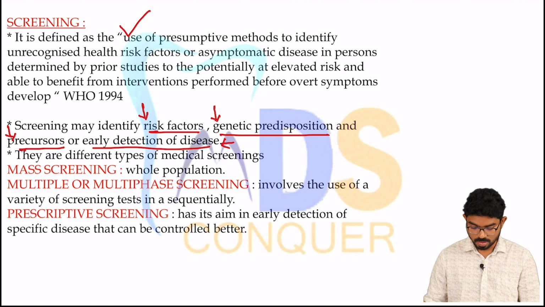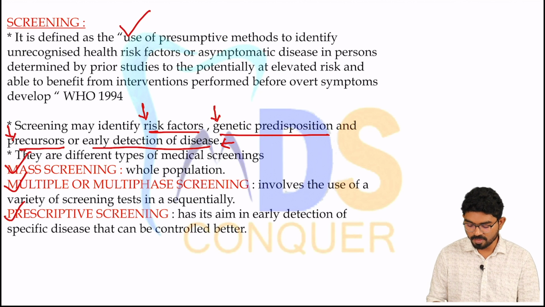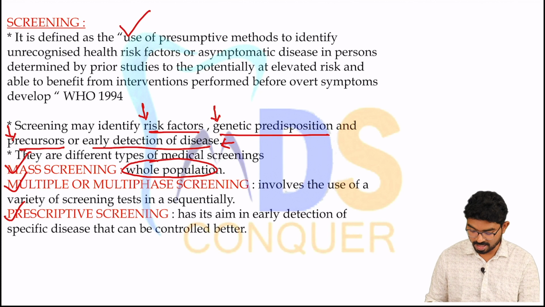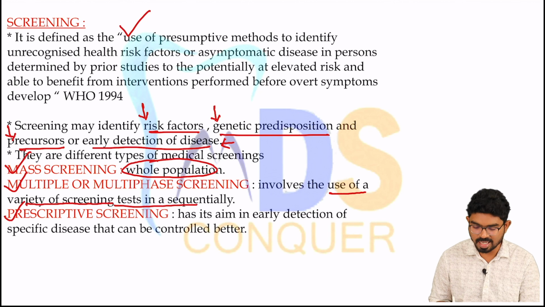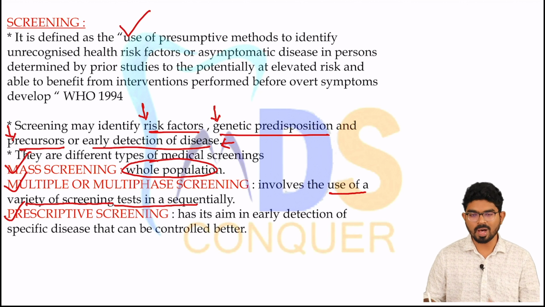Coming to screenings, medical screenings are categorized into 3 types. That is mass screening, where the entire population is screened, and multiphase screening, which involves the use of various screening tests in a sequential manner. It's almost like your multiphase sampling technique, so one level to the next level.